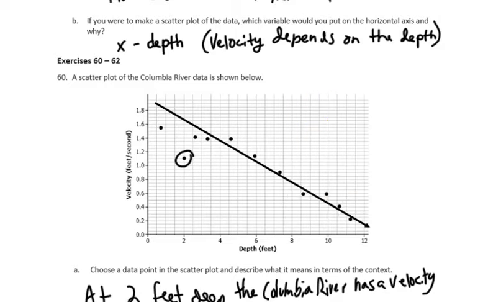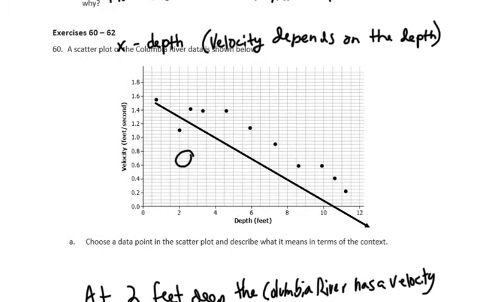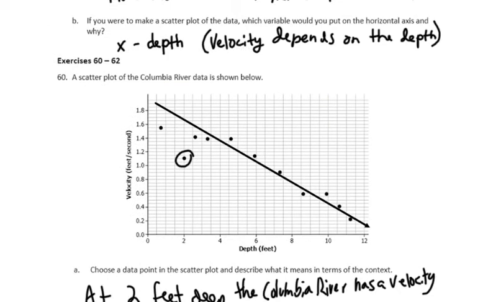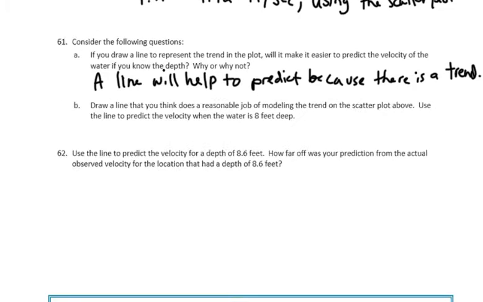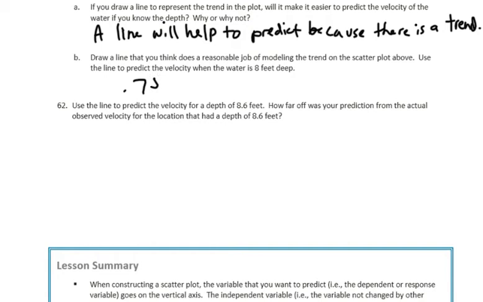And if we go up to 8 feet, man, this is just not working. 8 feet, and it crosses right here. So it's about 0.75 feet per second.